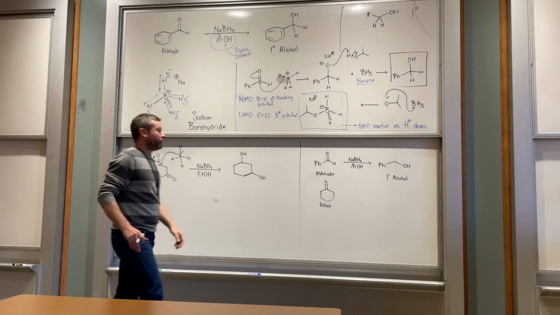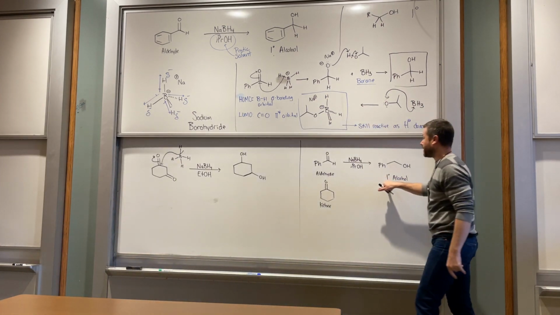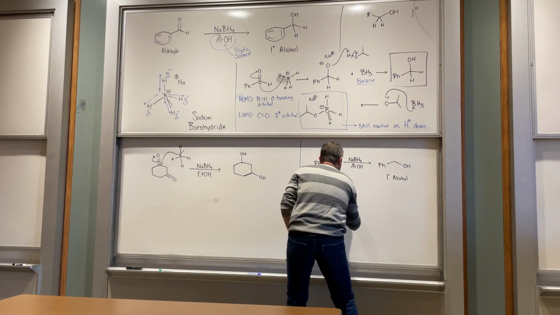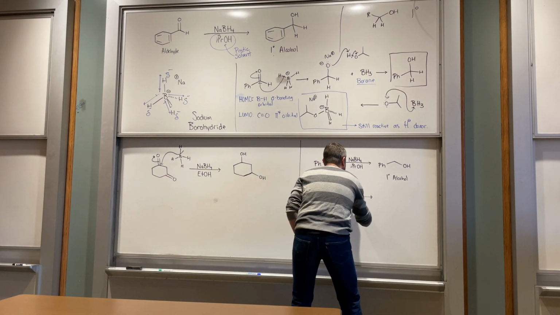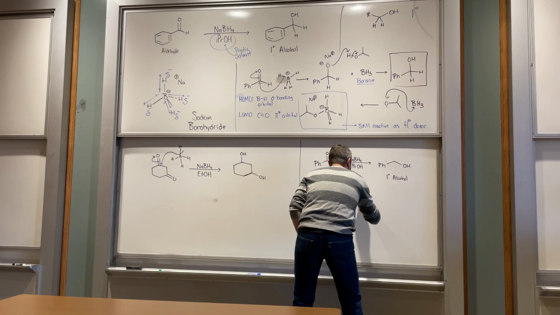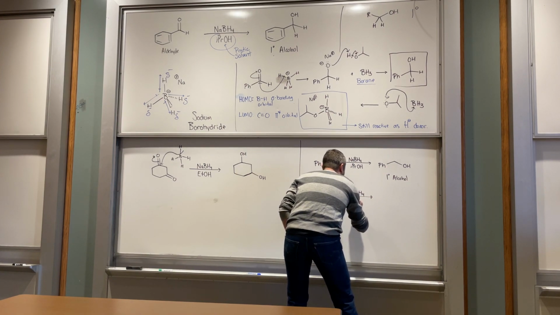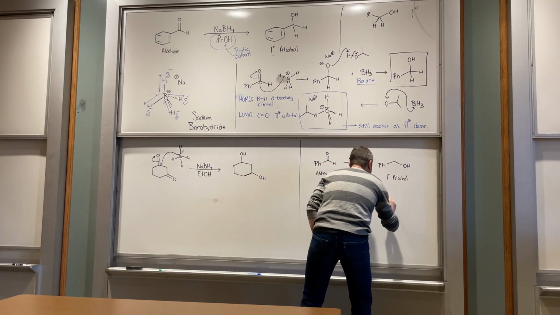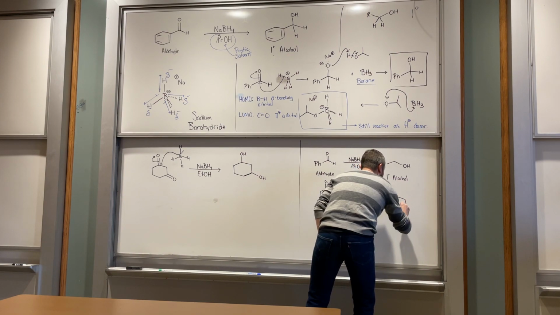Okay. So if we take an aldehyde and reduce it with sodium borohydride, we get a primary alcohol. We take a ketone and reduce it with sodium borohydride, we create a secondary alcohol.